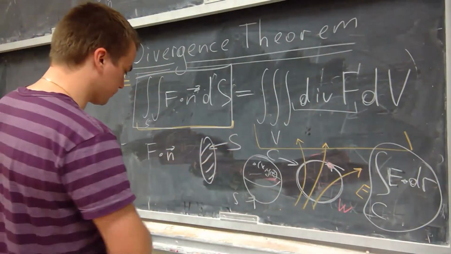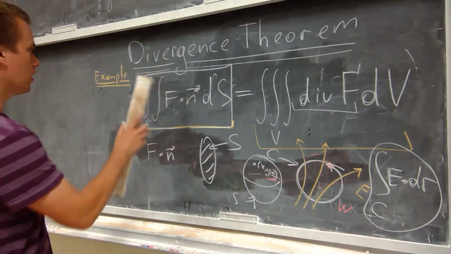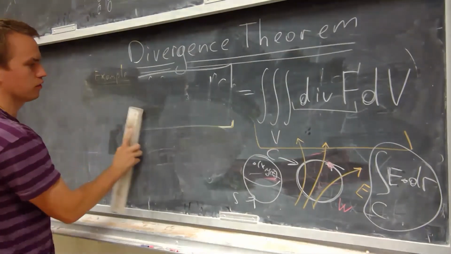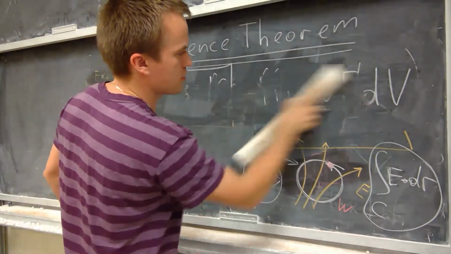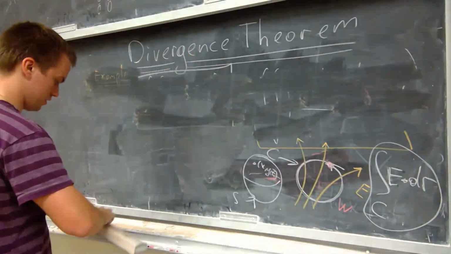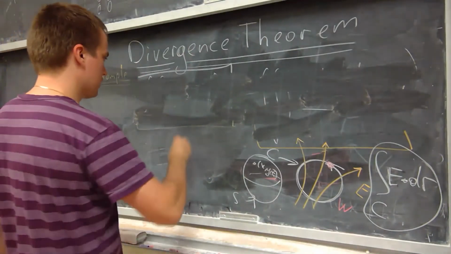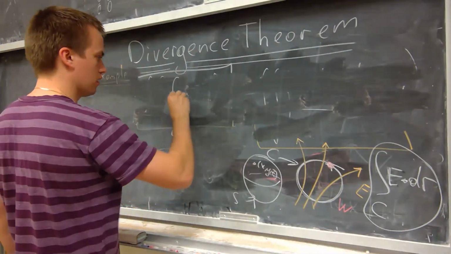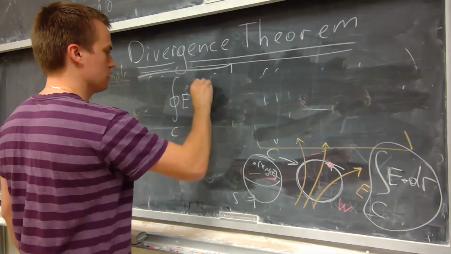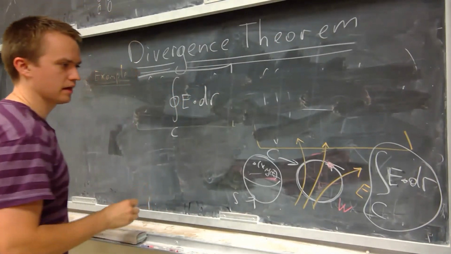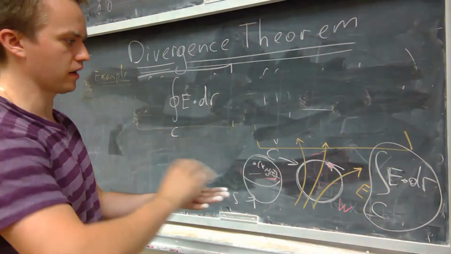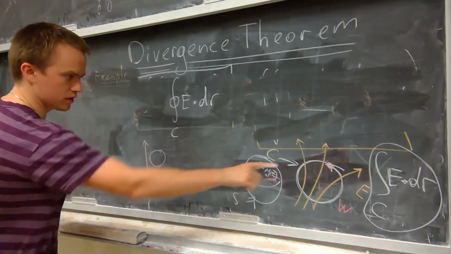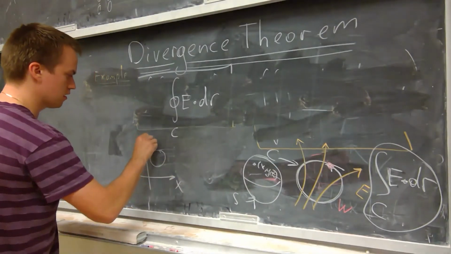But this integral, the two-dimensional version of the divergence theorem, is the line integral over C of E dot dr. And let's say in this case I'm giving my circle in the xy plane.